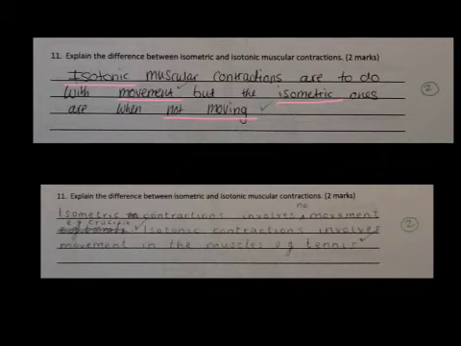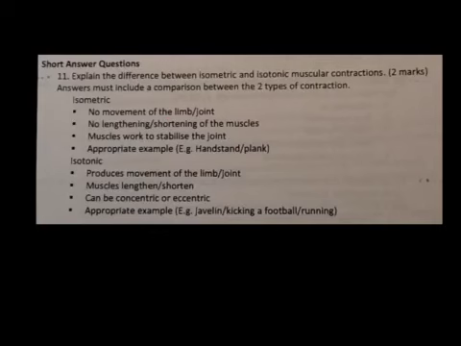The second example that I've provided, the reason why I've put this one in, it just shows a little bit of extra depth by including some examples of sporting actions that could be examples of those muscular contractions. So looking here at the mark scheme for that question, the things that were mentioned in the answer that I've shown you are talking about no movement or talking about movement.